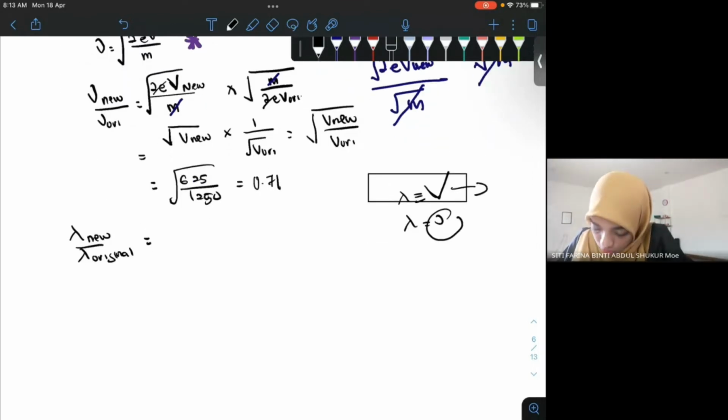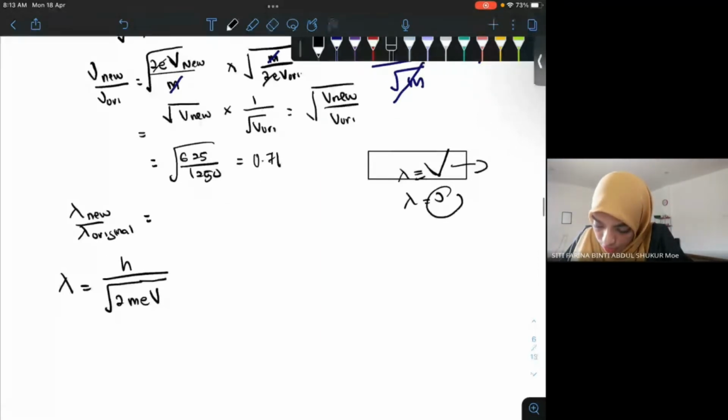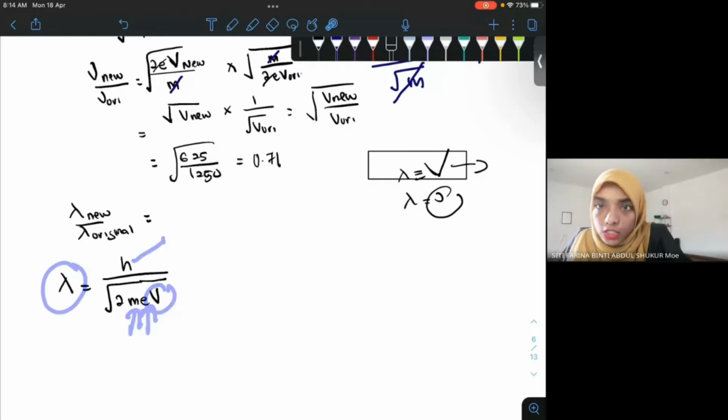So the equation that is going to relate the lambda and your potential difference adalah lambda equals H over square root of 2m EV. Okay, this is our equation that is going to relate the lambda and the potential difference. H is a Planck constant, m is mass of electron, E adalah charge of electron, semua ni constant.